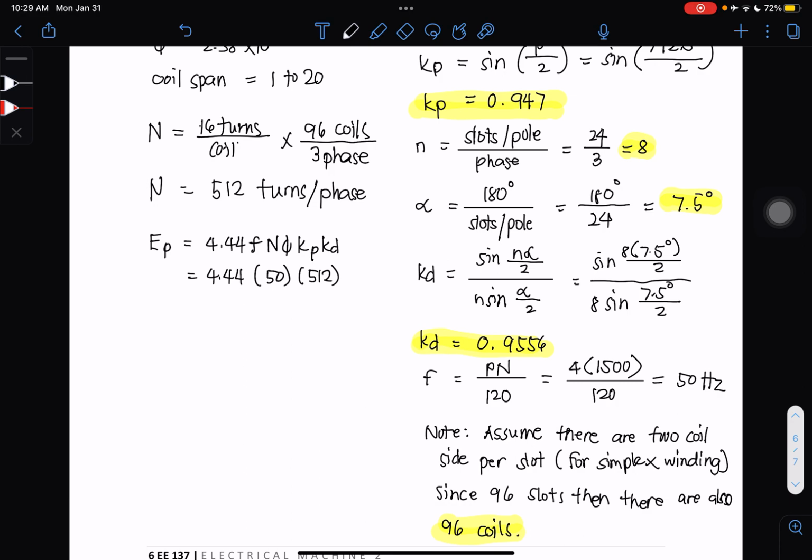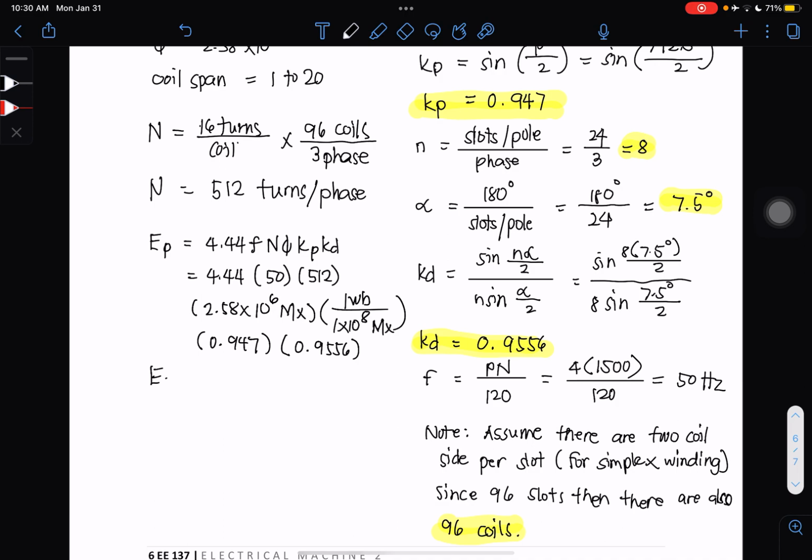Our flux is 2.58 times 10 raised to 6 Maxwell, so we need to convert into Weber: 1 Weber divided by 1 times 10 raised to 8 Maxwell. Then our pitch factor of 0.947 and our distribution factor.